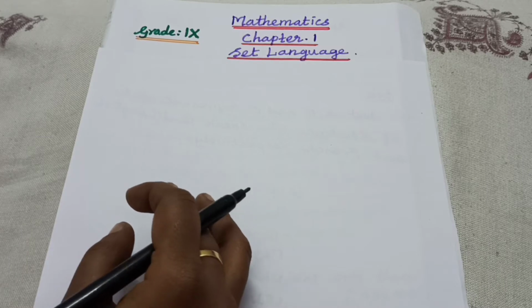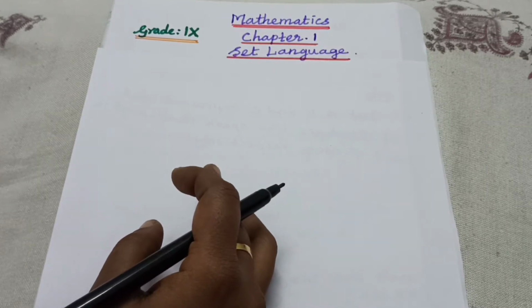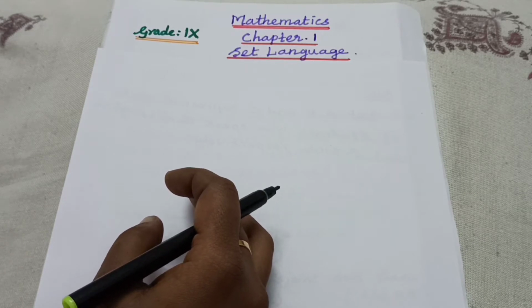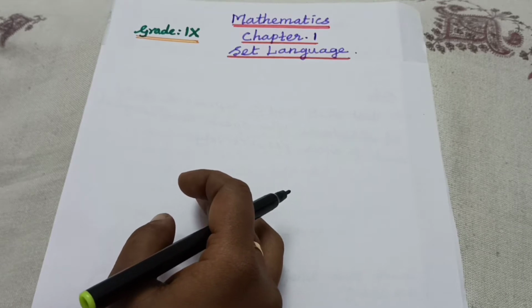Suppose A and B are two sets, then n of A union B is equal to n of A plus n of B minus n of A intersection B, isn't it?